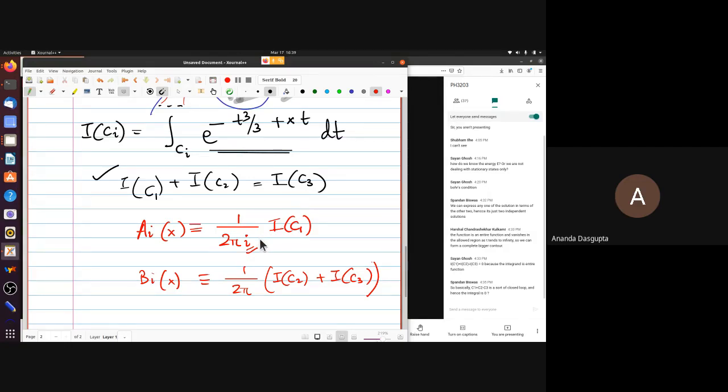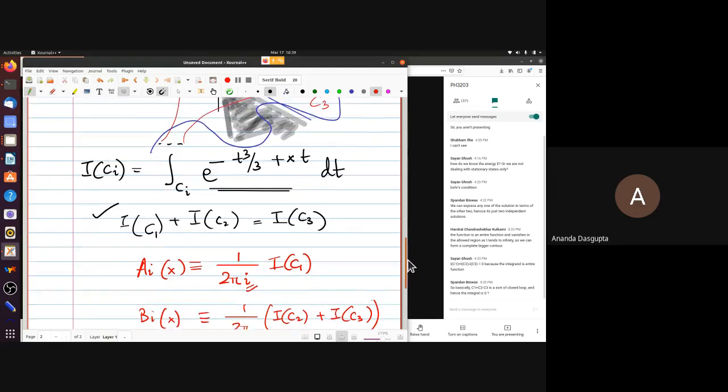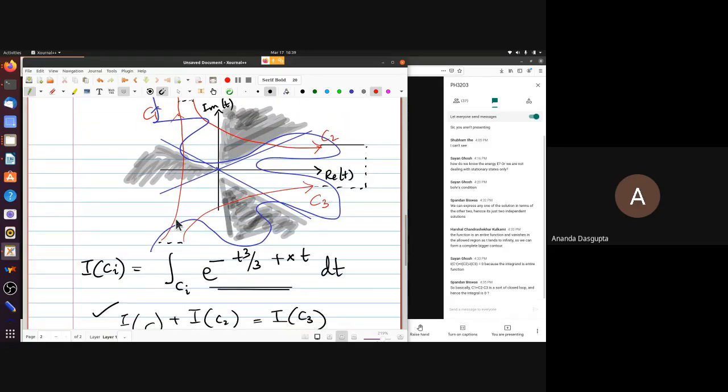So basically, once you have this, you can use it to derive various important results. For example, instead of using this contour C1 to define Ai(x), I could use a contour like this. Let me just use some other color, maybe this one. What we could do is actually use a contour which is like this, right? Because it starts in the right sector, goes off in the right sector.